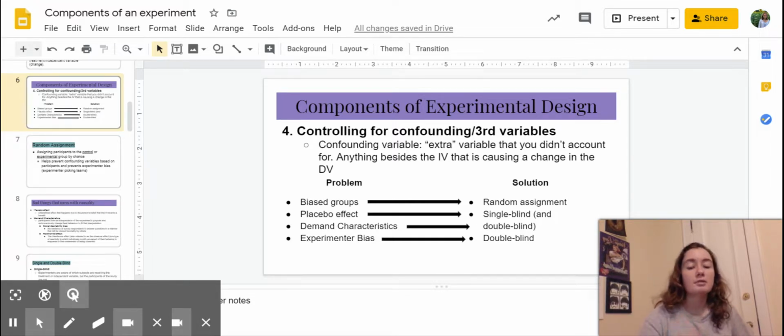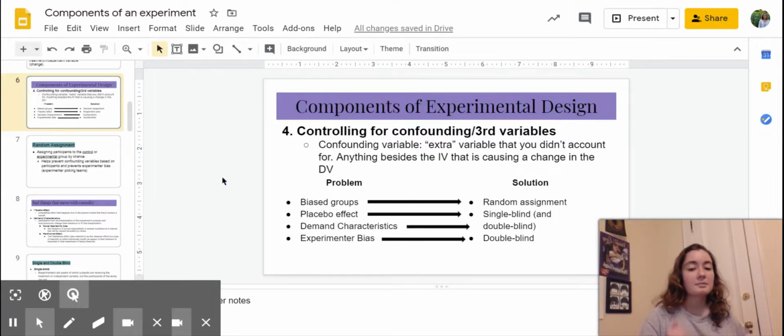So it's a double whammy to prevent confounding variables. Demand characteristics is when participants might figure out the hypothesis of an experiment and try to please the researcher, or they might be very aware that they're being watched, and that kind of social desirability bias of trying to look better because they know they're kind of under the microscope. So again, single and double blind can prevent these as well.